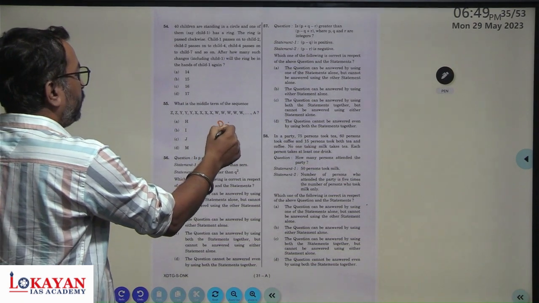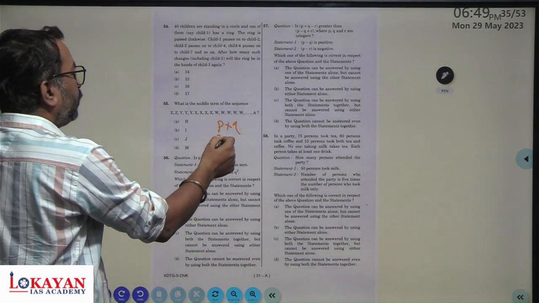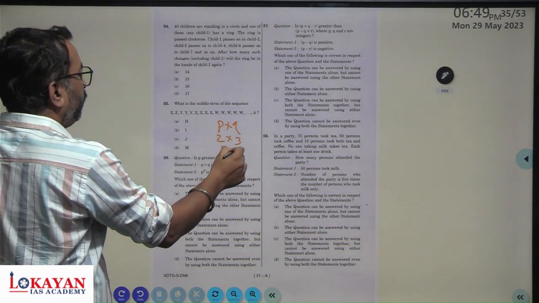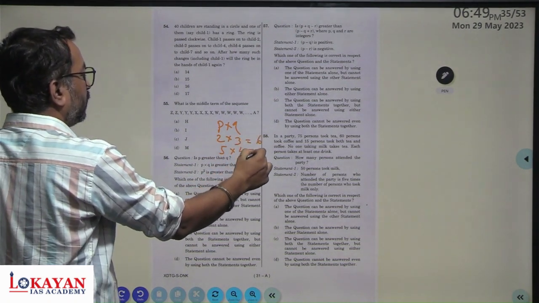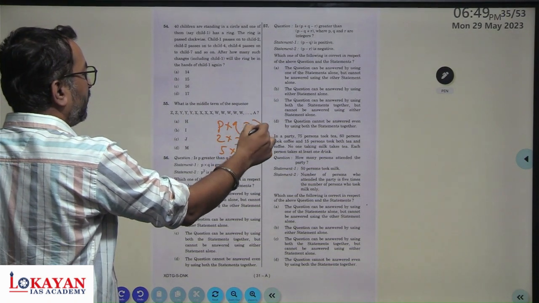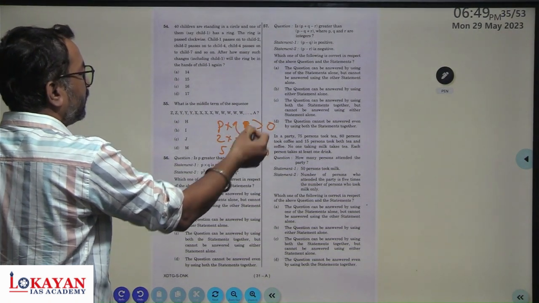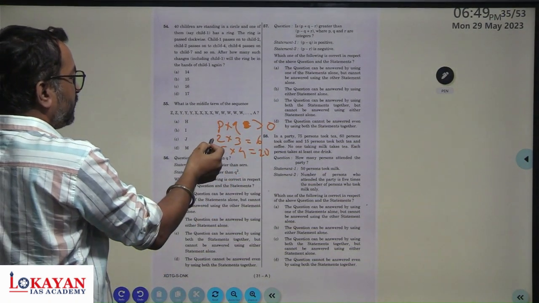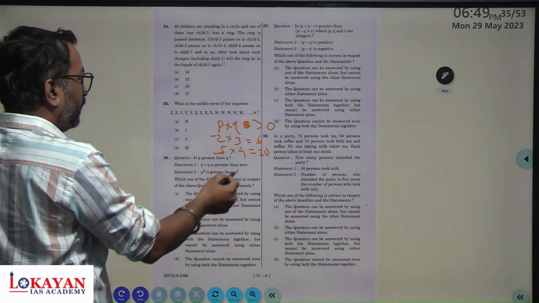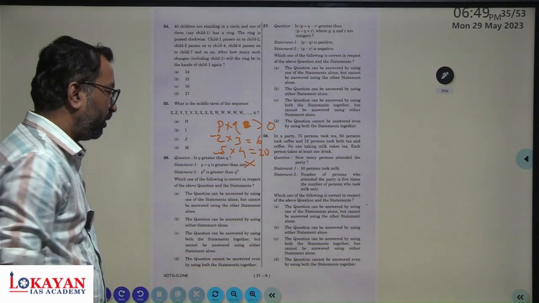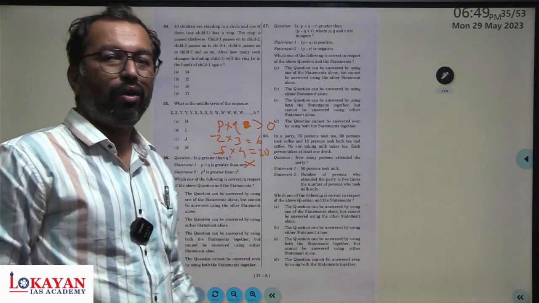P into Q can be anything. 2 into 3, 5 into 4. In both the cases, P into Q is greater than 0. But in first case, P is less than Q. In second case, P is greater than Q. So this statement does not give me whether P is greater than Q or not.